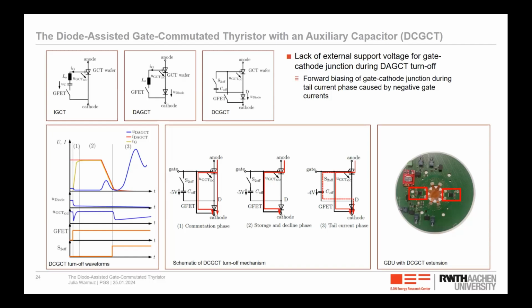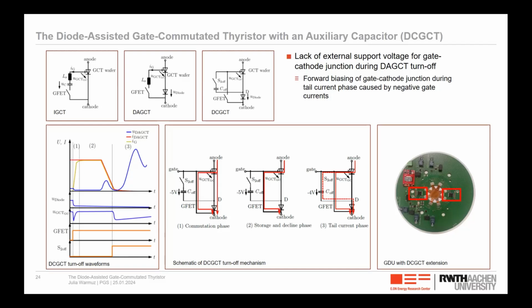The diode is the main driving force, and this switch is open. We just close the switch during the tail current phase, and then basically no current flows through this part because the resistance is way higher than during the main conduction part. But with this additional capacitor, we can stabilize this voltage and prevent any parasitic retriggering.